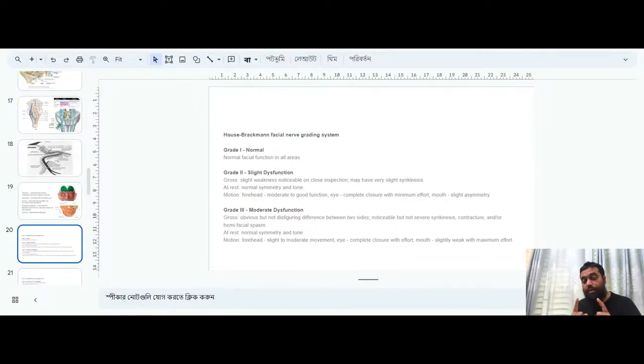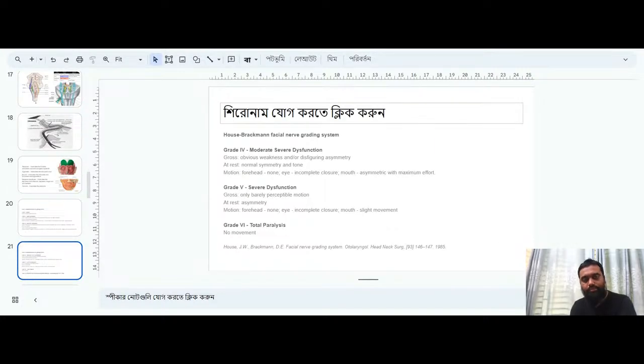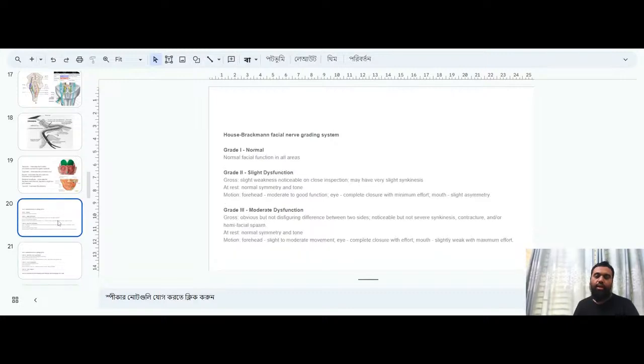Mostly, this palsy is the lower motor type of palsy. They divided this palsy into different grades like normal, slight dysfunction, moderate dysfunction, moderately severe dysfunction, and total dysfunction. So they use this classification. It has different components like gross appearance, at rest, and motion.